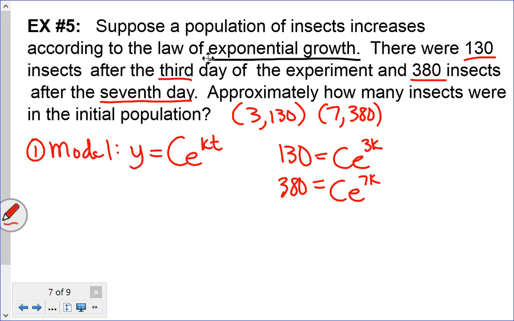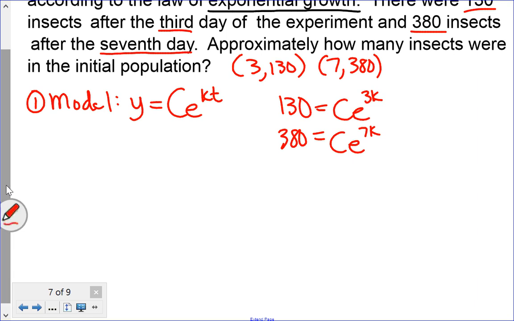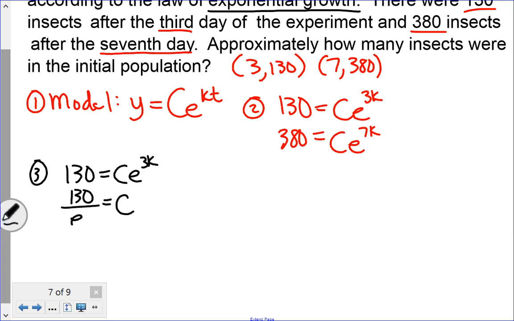The third thing is take one of the equations, so I'll take this first one, and solve it for c. So this would be c equals 130 over e to the 3k. Well, we can write that easier as 130 times e to the minus 3k. Remember, when you move an exponent up from the bottom or the other direction, it changes signs.